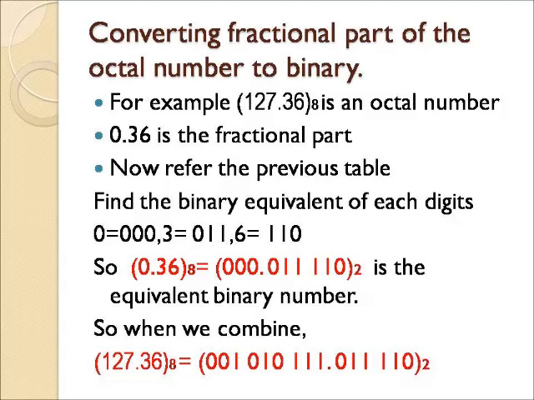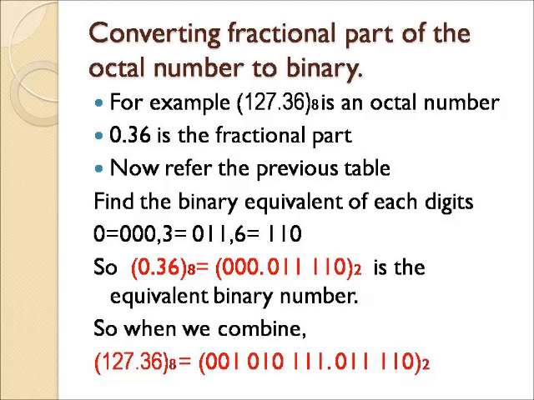Now we can see the example for the conversion of the fractional part of the octal number to binary. In our given example, 127.36 is the octal number, so 0.36 is the fractional part.